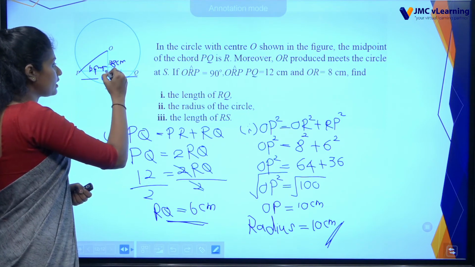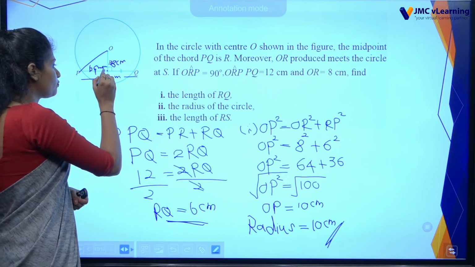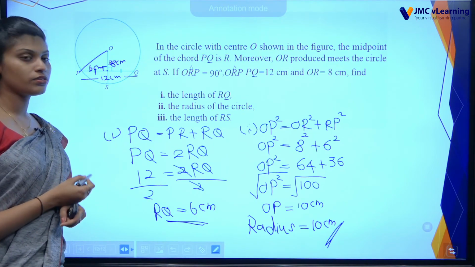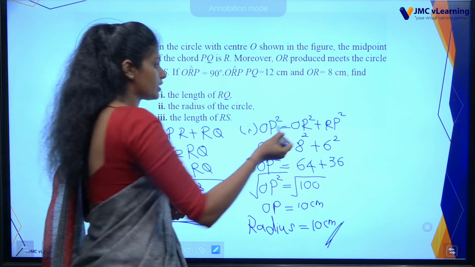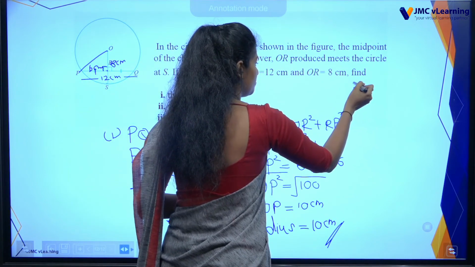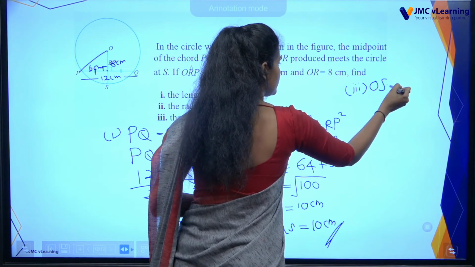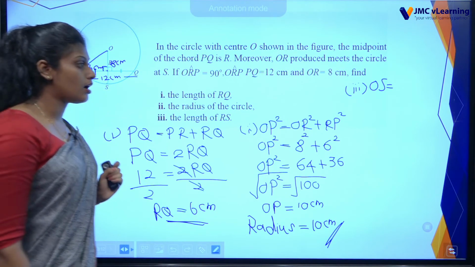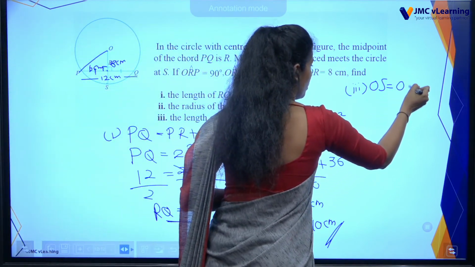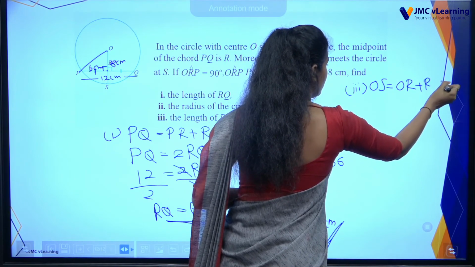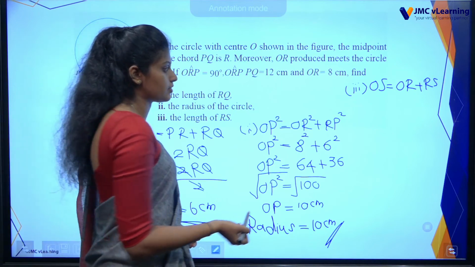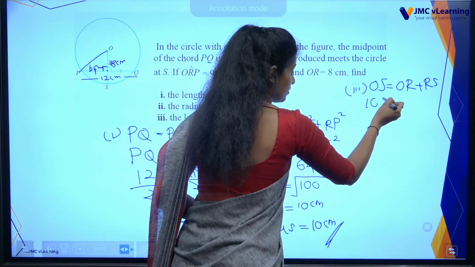Then the third part, the length of RS. Here OR length has been given. We have to find RS. Here OS is also one of the radii. So we can write in the third part, OS is equal to OR add RS. Then OS length, we know it is the radius, 10.